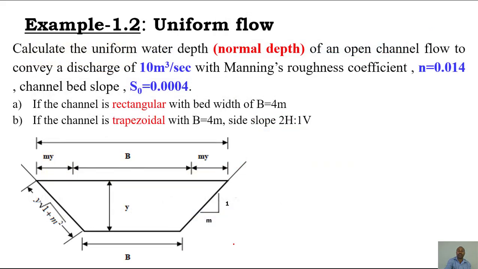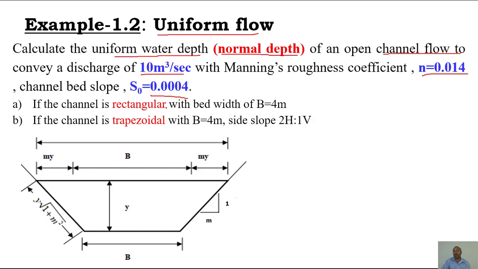Okay. So the second example is uniform flow. In this example, I am going to show you some iteration using a calculator. Calculate the uniform water depths or normal depths of an open channel flow to convey a discharge of 10 meter cube per second, with Manning roughness coefficient of 0.014 and bed slope given.